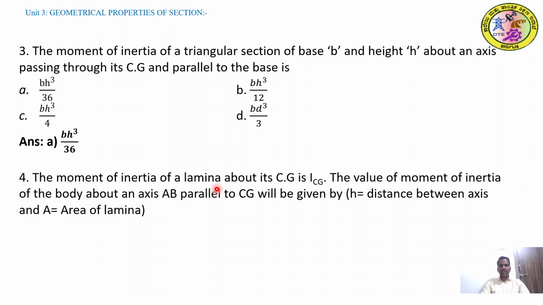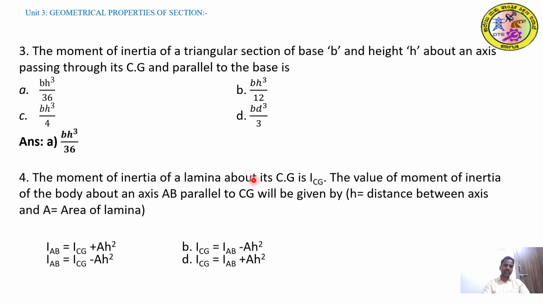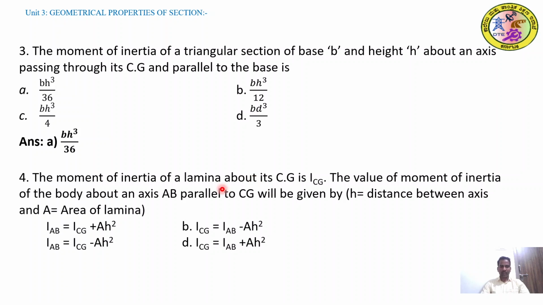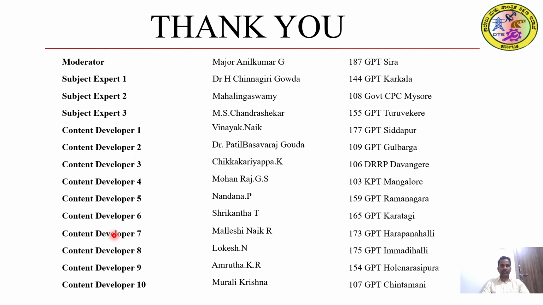The moment of inertia of the lamina about its CG is ICG. The moment of inertia of a body about an axis AB parallel to the CG is given by IXX plus area multiplied by h squared. That is, IAB is nothing but ICG plus area multiplied by h squared, which is answer A. Thank you.